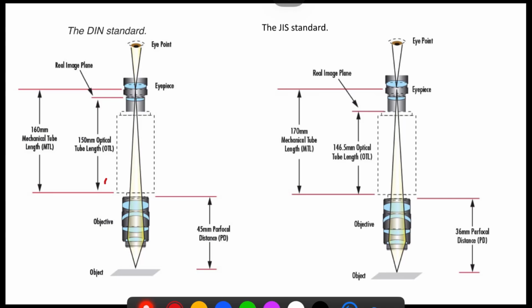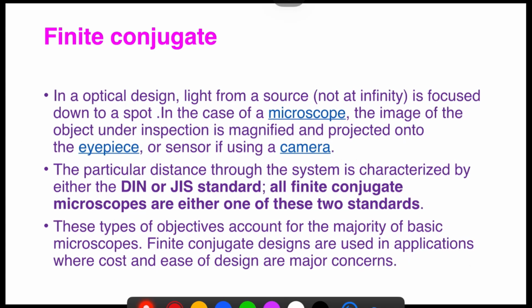Another difference is the parfocal distance, meaning the distance between the object and the objective lens, which is 45 mm here, and 36 mm here. So this is how these two standards are there.